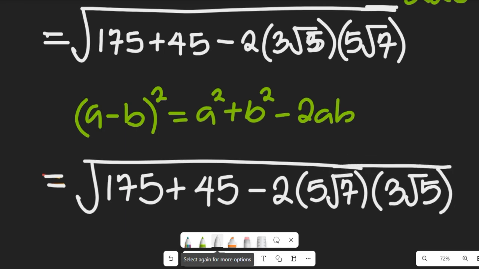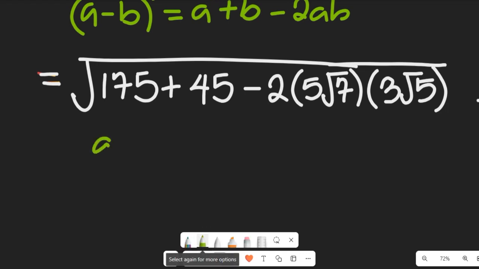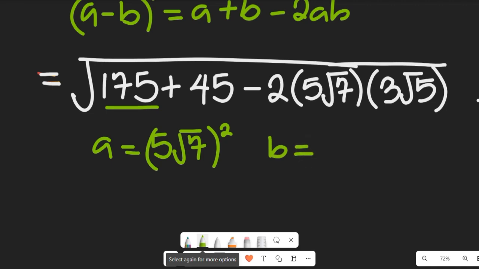And all these will be in square root. Now from that expression, you have seen that the value of a is equal to 5 root 7 square, and that's what gave us 175, and our b is equal to 3 root 5 square, and that's what gave us 45.